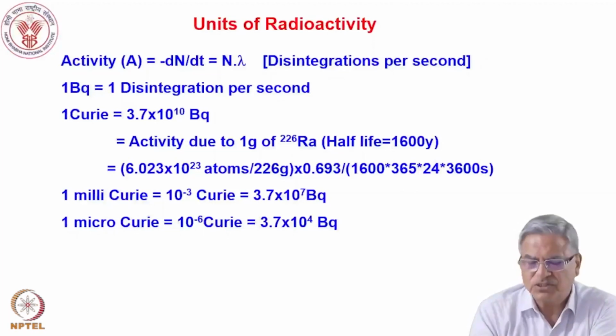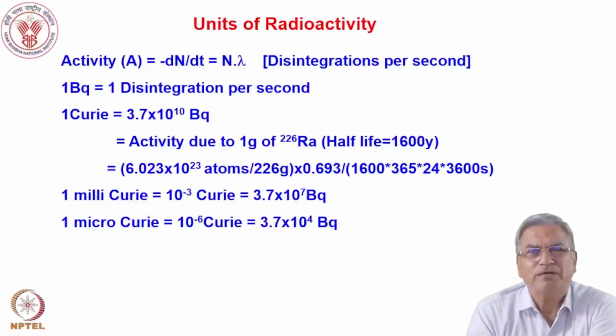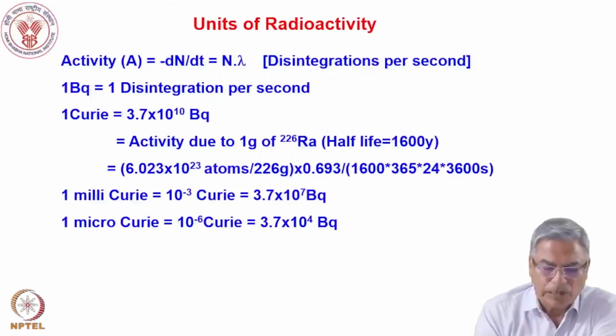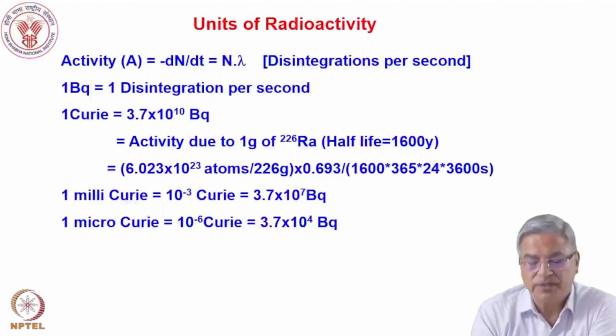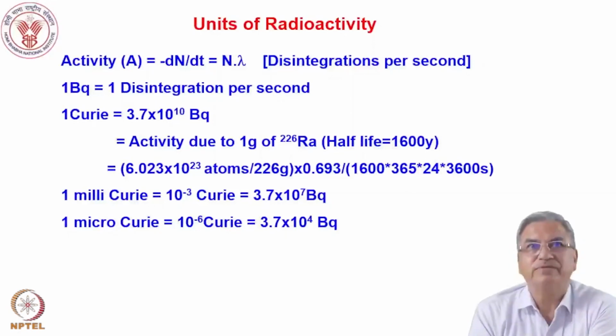The half-life for radium-226 is 1600 years. So you put in the equation activity equal to n lambda. The number of atoms in 1 gram of radium-226 will be Avogadro number, 6.023 times 10 power 23 atoms in 226 grams. This is the n in 1 gram, into 0.693 upon t half, that is lambda.